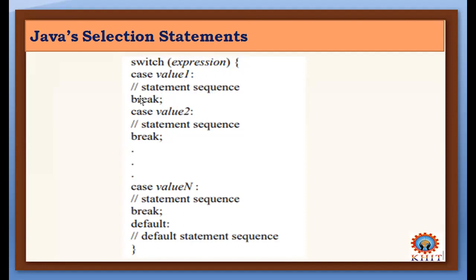After that, it needs to come out of the loop, break. Okay, no need to attempt this case 2. There is no need to check whether case 2 exists or not. Okay, if your value becomes 1, then the concerned statement is executed. Then after that, you just break and come out of the loop. Okay, if none of the cases is matched, even if none of the above cases match, then you need to go for the default statement, right?